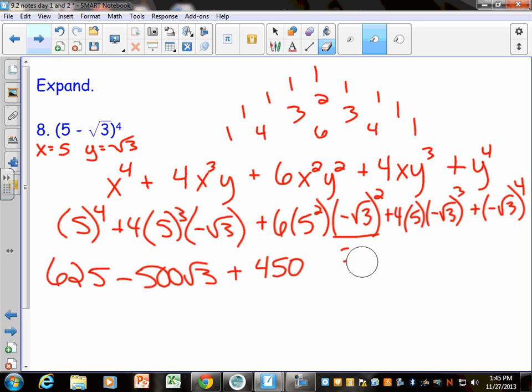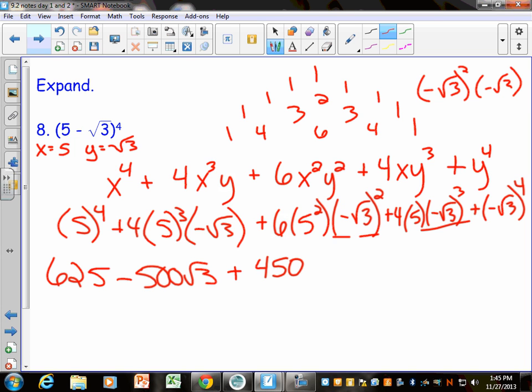Now, unless you have one of those fancy calculators that many of you have, if you type in negative square root of 3 to the third power on most calculators, it's going to give you a decimal. So you have to think about, take out the perfect square, right? What if you wrote that as negative square root of 3 squared with an extra negative square root of 3 left over?